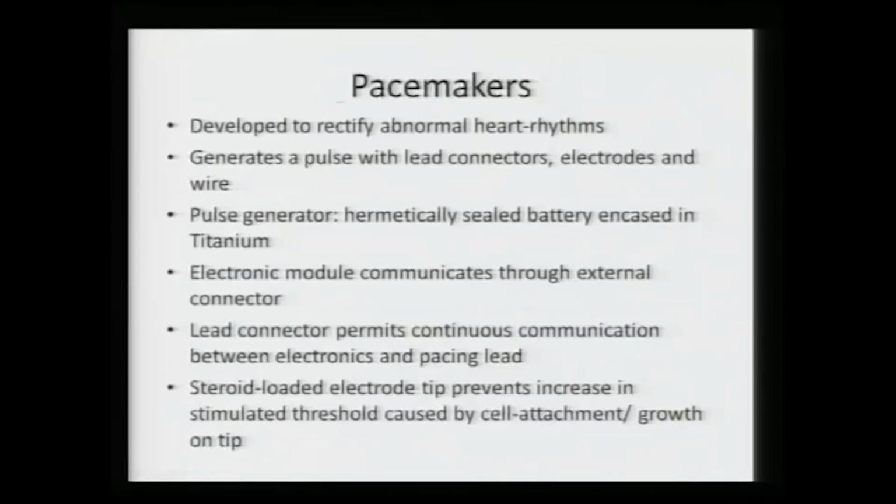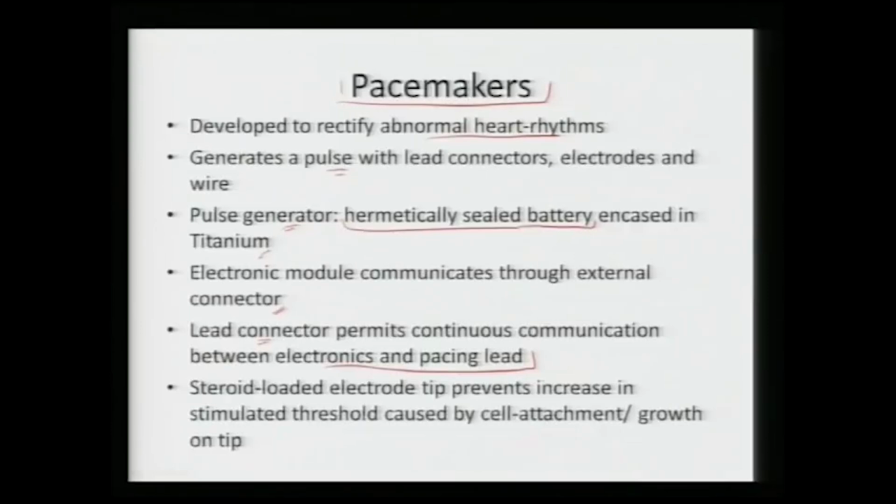There is another class of device which is called a pacemaker, and this is utilized for rectifying abnormal heart rhythms. What a pacemaker does is it generates a pulse, and it has certain lead connectors, electrodes and lead wires. Basically we have a pulse generator which is hermetically sealed, with a battery enclosed in titanium, and then the electronic module communicates through external connectors, and these external lead connectors permit continuous communication between the electronics and the pacing lead.